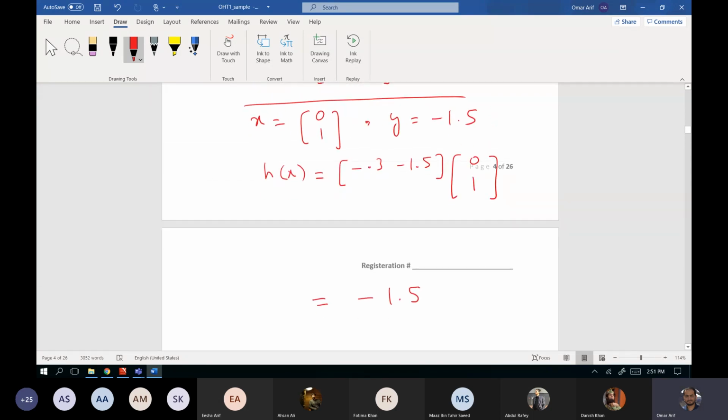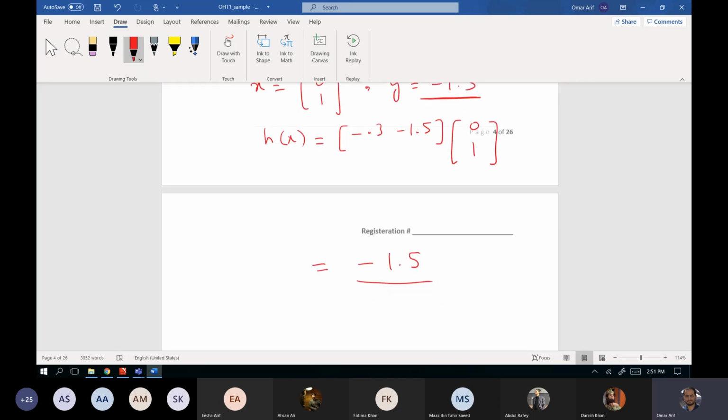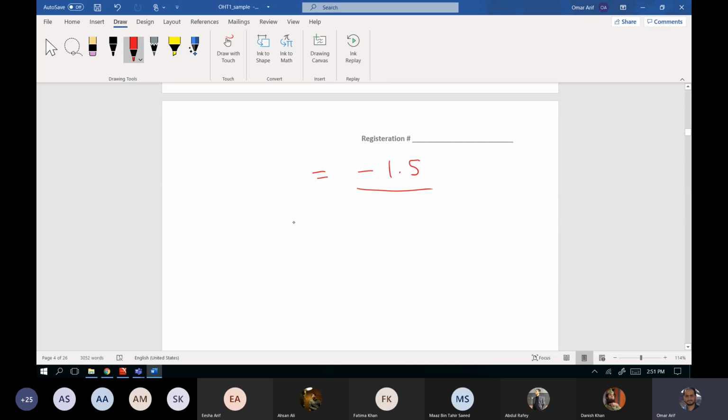Since the ground truth value is also minus 1.5, my prediction is also right. So when I compute the gradient, you will see that it will not result in any update, because you are predicting correctly, so theta need not change for the current example.